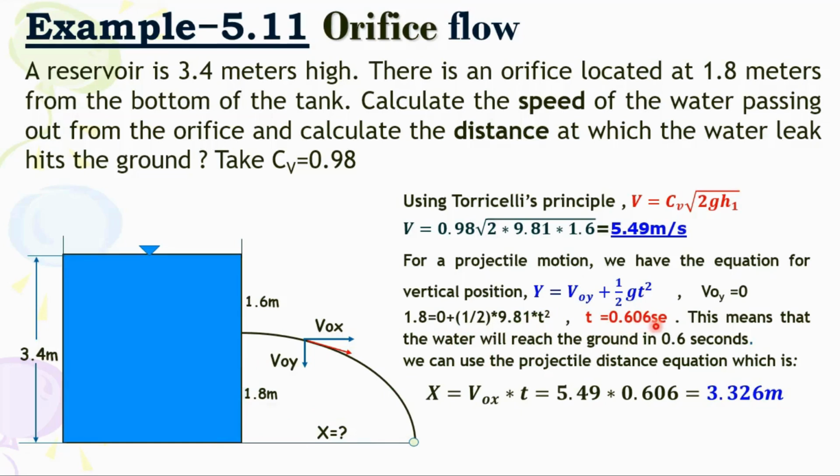So this means the water will hit the ground in 0.6 seconds. At what distance? Again, you apply the projectile equation for horizontal motion, x, because distance is given by velocity times time. The initial x velocity is constant, so v x times time will be 3.326 meters. So it will have 3.326 meters horizontal distance.